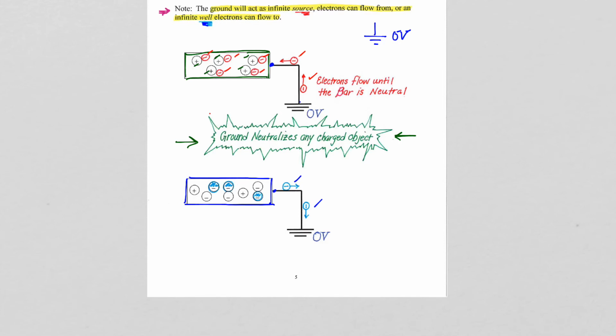Now, what if we stick it into a section of the ground, or we think we have it stuck all the way into the ground, but not quite, where the object itself is not neutralized? Well, that would be a bad ground. In other words, in the electronics language, we might say, oh, you're floating your circuit. It's not grounded.